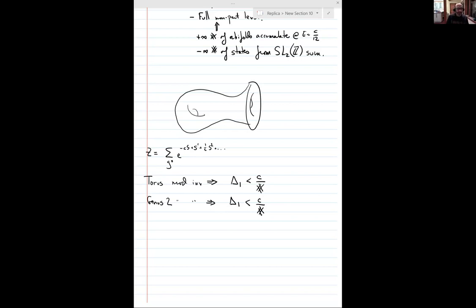Now, that's just the most naive implementation of higher genus modular invariance that I'm looking at. I, of course, expect that if you could really solve the constraints of higher genus modular invariance, you would come up with much stronger constraints. I don't have any very clever ideas for how to do that, though.